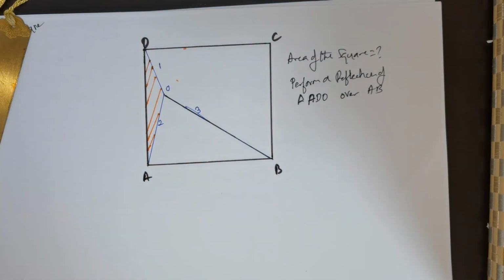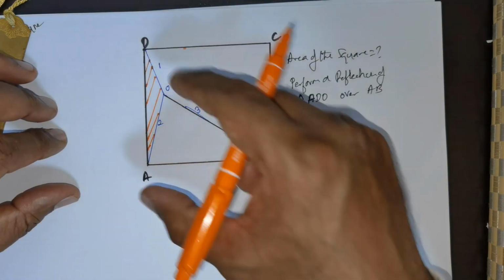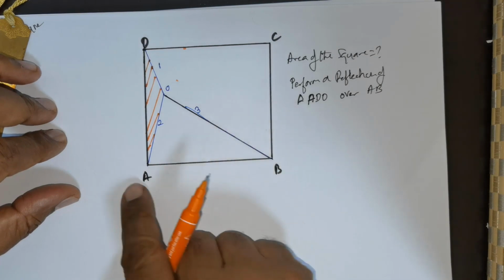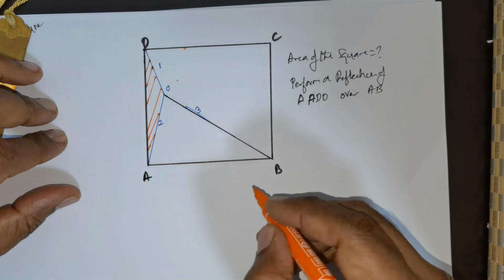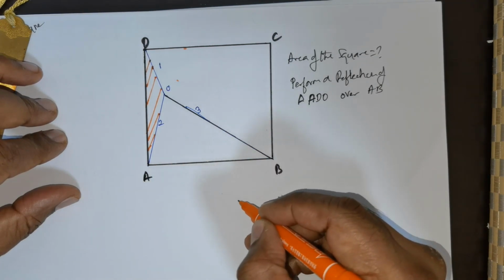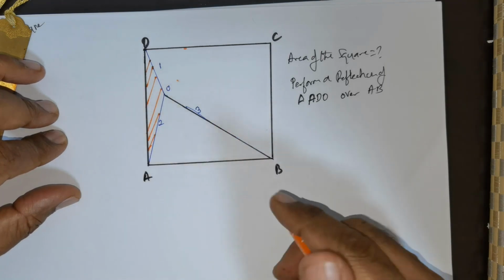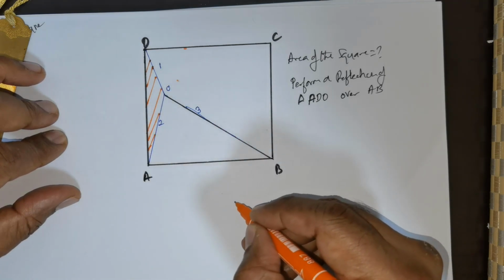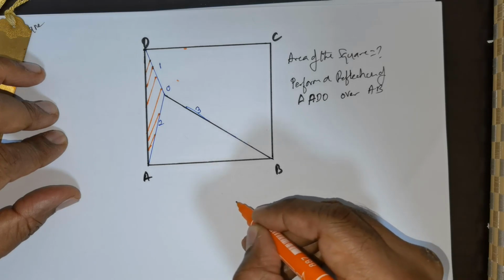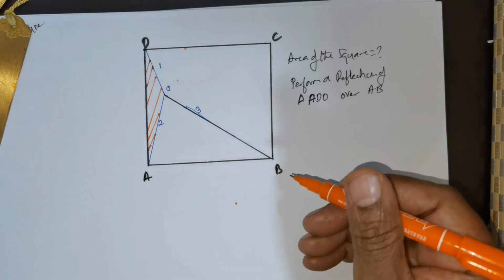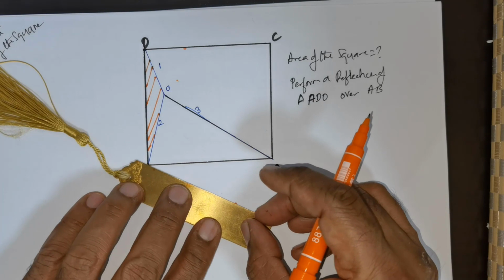Okay, so when you do that, what happens? AD will be in line with AB, and OA will fall somewhere over here, right?